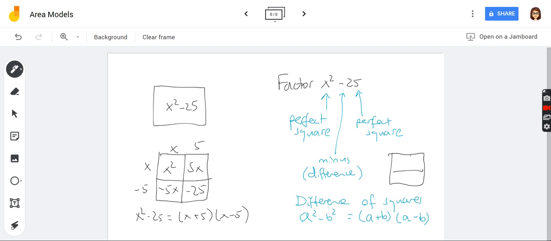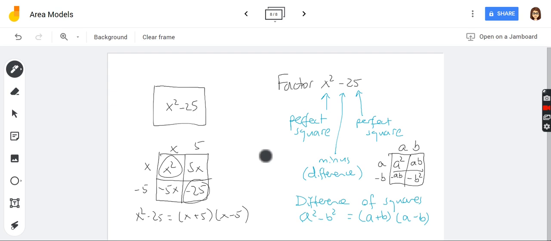If I drew this as a plus b and a minus b, then this is my a squared and this is my negative b squared, so just like here. And this is an ab and this is negative ab. And these two, the ab and the negative ab, will cancel out, leaving me with only a squared minus b squared. Okay, and so the rectangle model or the area model shows you that the two middle terms will cancel out.